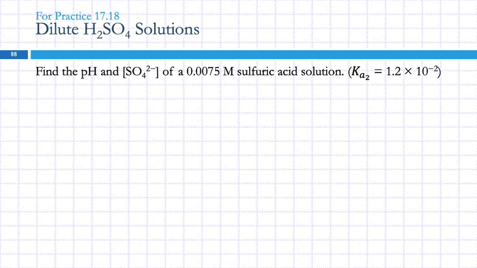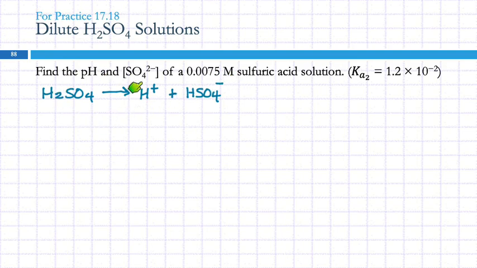So let's think about what's happening here. We've got sulfuric acid, H2SO4, and that will ionize completely into hydrogen ion and hydrogen sulfate ion. Okay? So here we're starting with 0.0075 molar sulfuric acid.